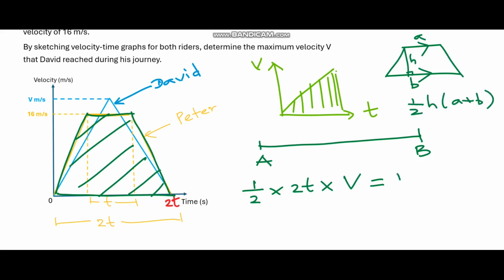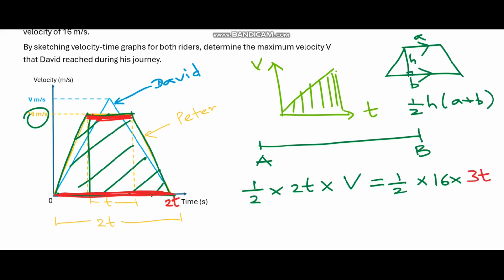So half h, which is 16, because that's the height of the trapezium, times a plus b. So we could add this to this. This is 2t and this is t. So that's 3t.